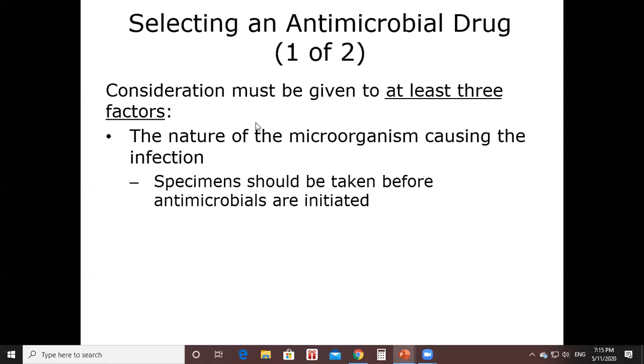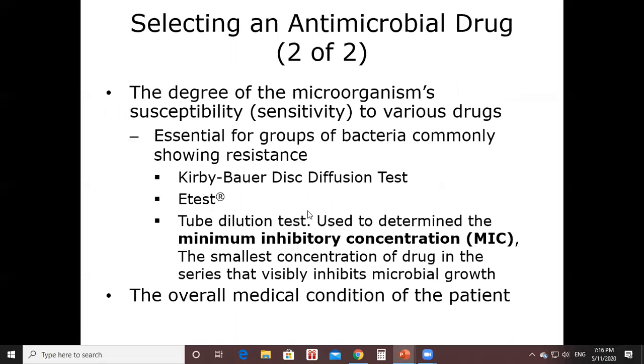Okay, so when you're selecting antimicrobial drugs, consideration must be given to at least three factors. First, the nature of the microorganism causing infection, so specimens should be taken before antimicrobials are initiated. You take samples before you even give antimicrobials. Then the degree of the microorganism susceptibility, how susceptible they are, so you determine the minimum inhibitory concentration.